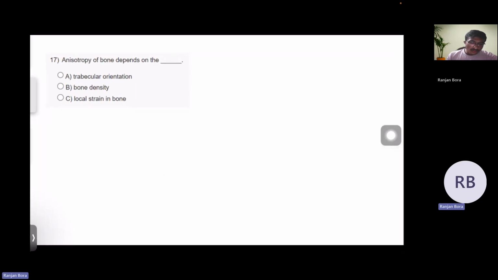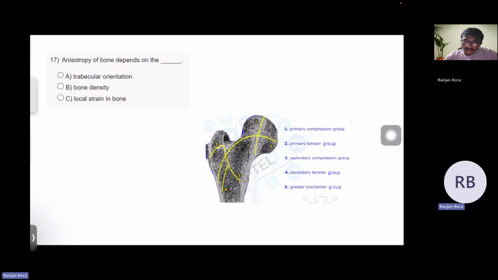Next question is, the anisotropy of bone depends on the... So the anisotropy of bone arises because of the presence of different functional groups in the bone.